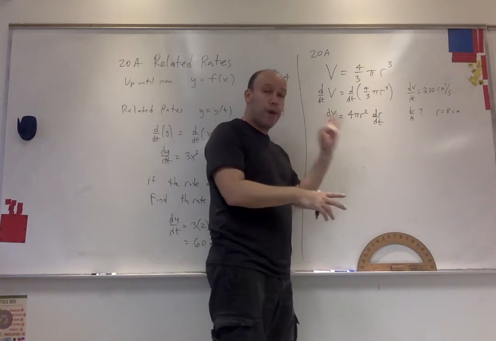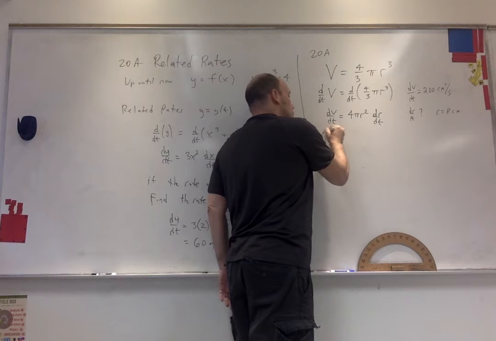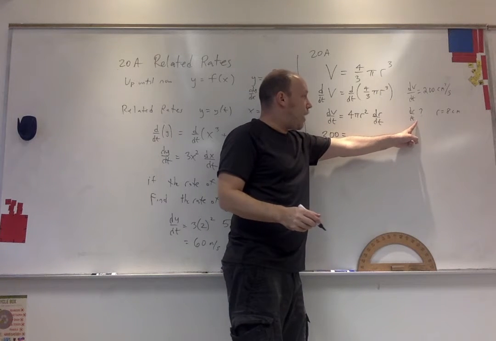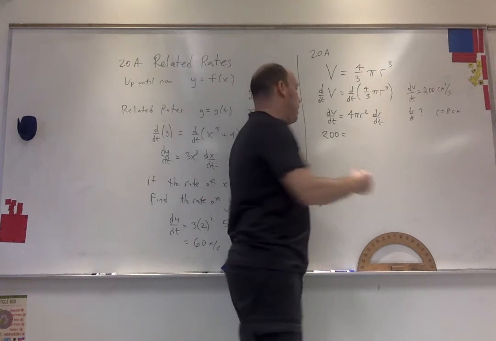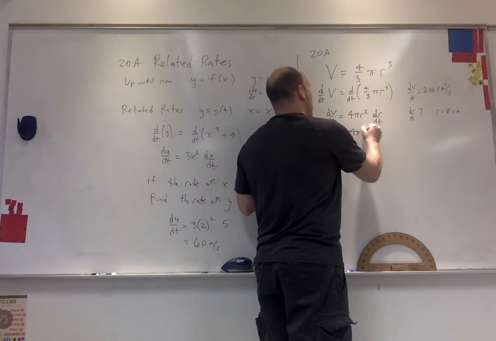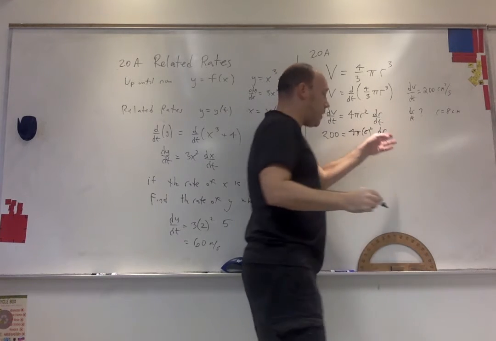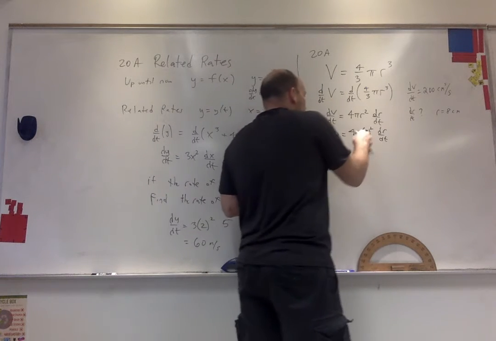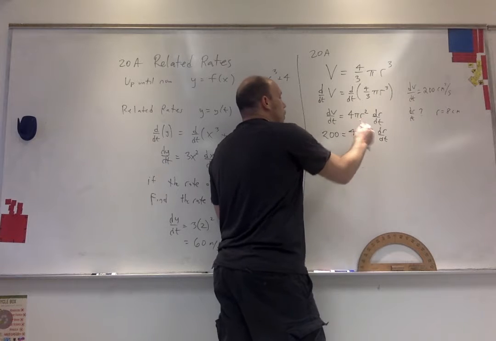We have our two rates and our radius. We know dv/dt is 200. We don't know what the rate of change is for r, but we're looking for when the radius is 8. So it's 4 pi 8 squared dr/dt. Once again, dr/dt is our unknown. So we know we have 64 times 4 is 256.